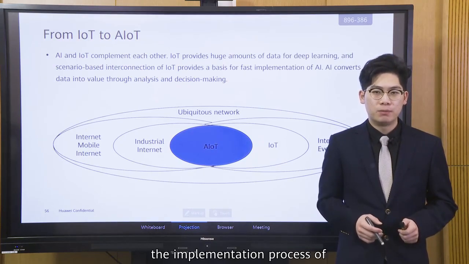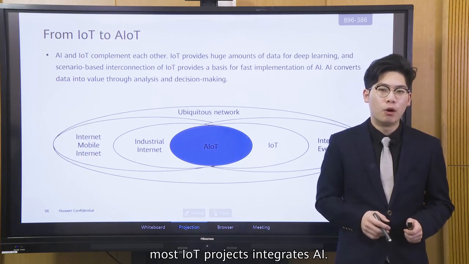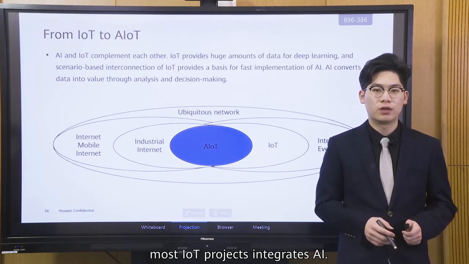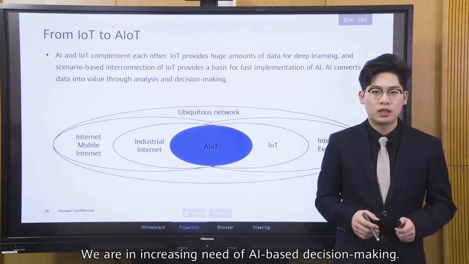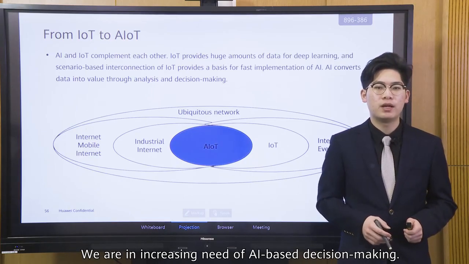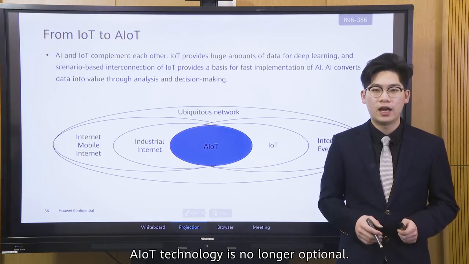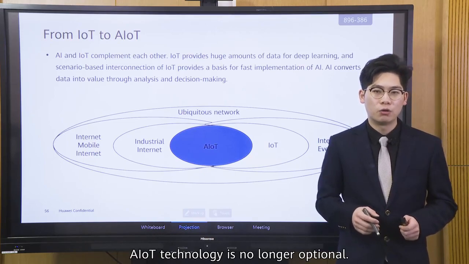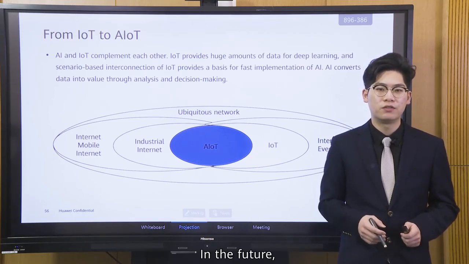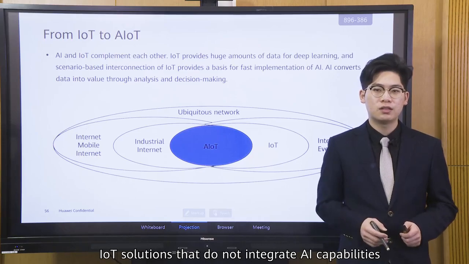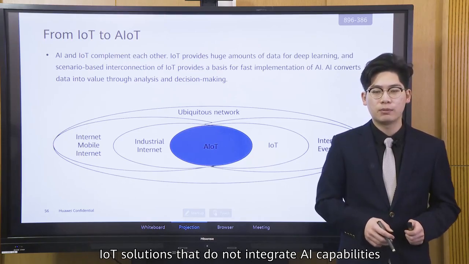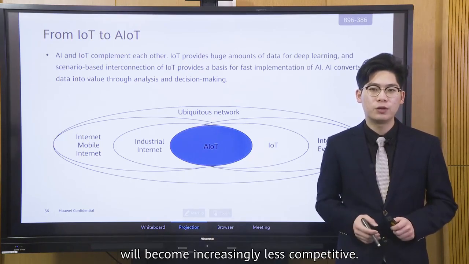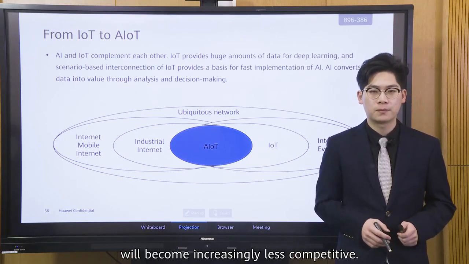Currently, the implementation process of most IoT projects integrates AI. We are in increasing need of AI-based decision-making. AIoT technology is no longer optional. In the future, IoT solutions that do not integrate AI capabilities will become increasingly less competitive.